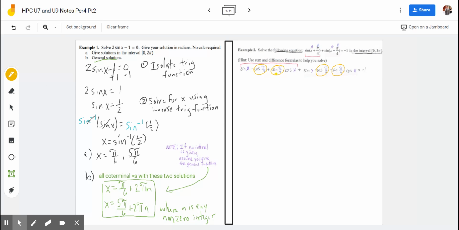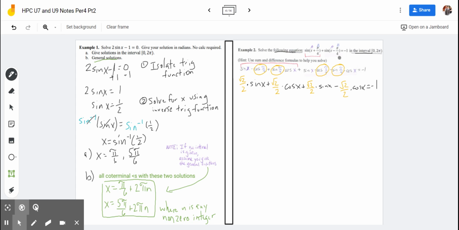So each one of these values, cos of pi over 4 and sine of pi over 4, I'm going to replace all of those with radical 2 over 2 and write them as coefficients if they're not already out, like the first term out in front. So I just replaced all the cos of pi over 4 and sine of pi over 4 with the radical 2 over 2.